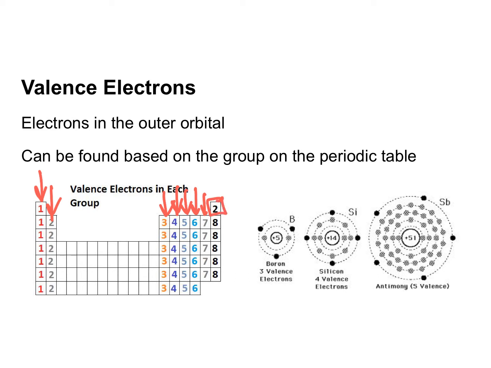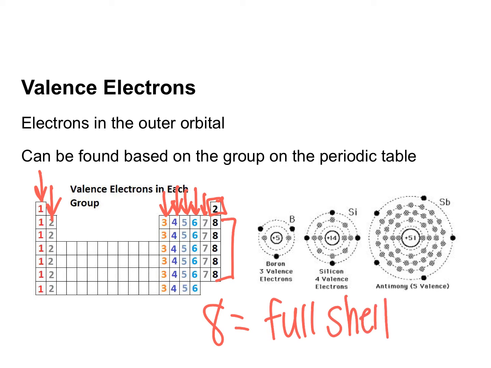It has 2 because it only has 2 electrons, but otherwise our noble gases here, our column on the far right, all have 8, and 8 electrons equals a full outer shell. A full outer shell means that an atom will not be reactive because it has the full amount of electrons, so it doesn't want any more and it doesn't want to get rid of any.